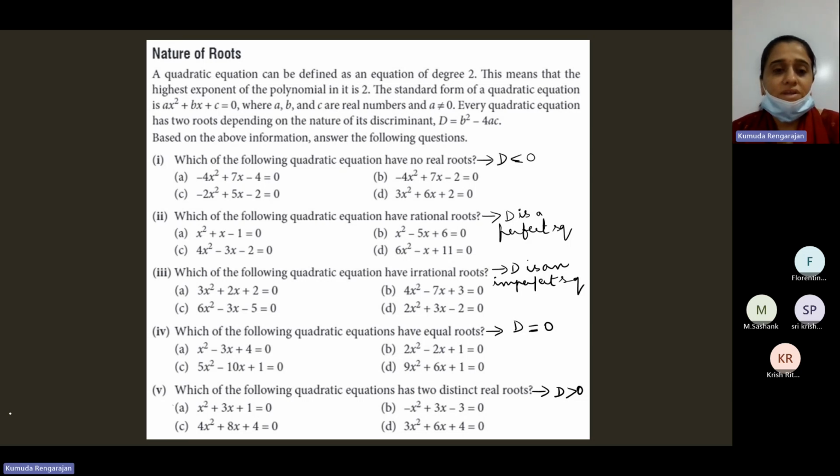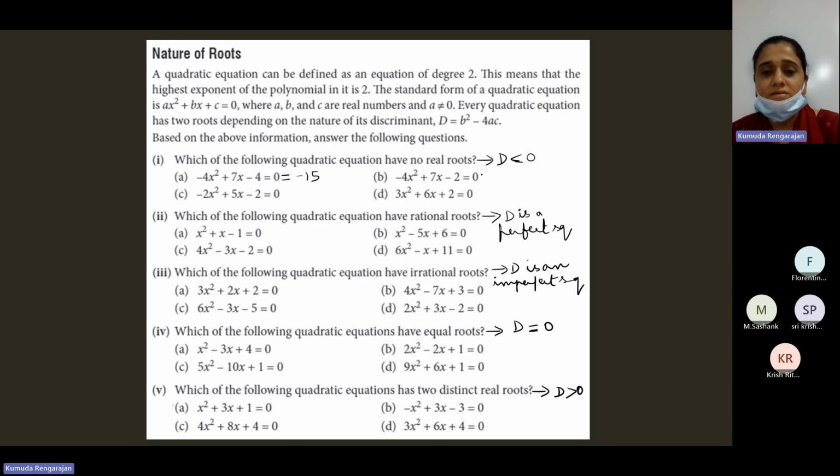For this one, what's the value of D here, children? Tell me the values of D. Girls, what's the value of D? Minus 15, correct.